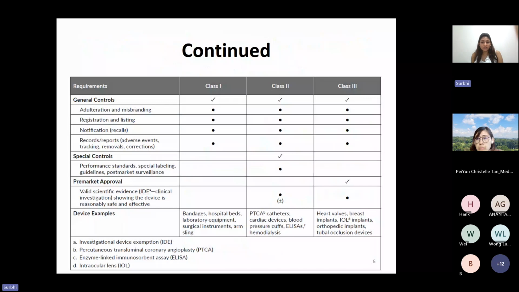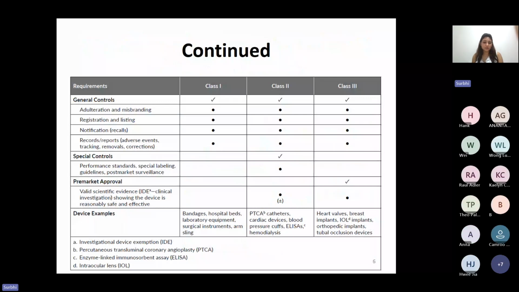However, for special controls, performance standards, labels and post-market surveillance are only required for class 2, and a little more is required in class 3 with scientifically valid evidence as well. Some examples are bandages and catheters in class 2, and heart valves, breast implants and IOL implants in class 3.